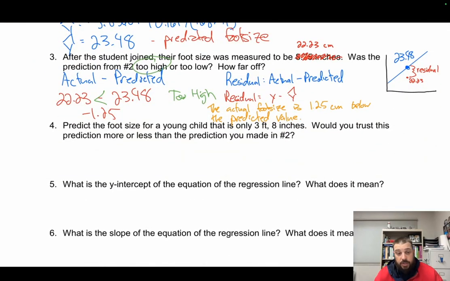All right, so now we want to predict the foot size for a young child that is only 3 feet 8 inches. Okay, convert that to 111.76 centimeters.